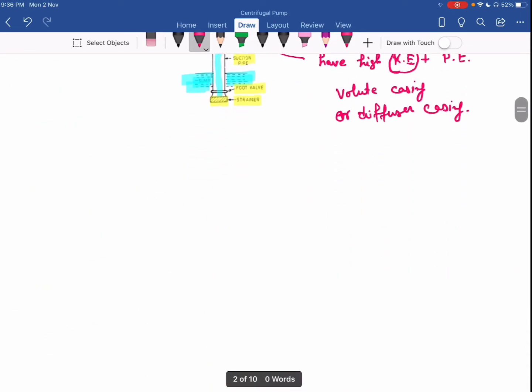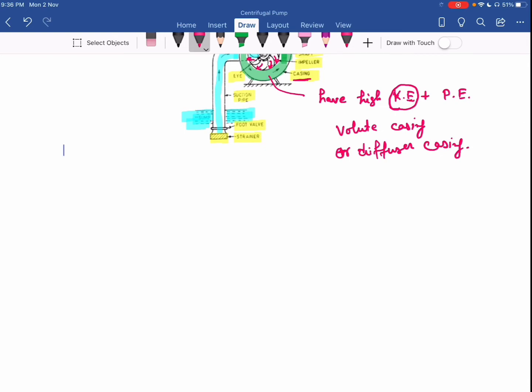The next is the classification of centrifugal pumps.